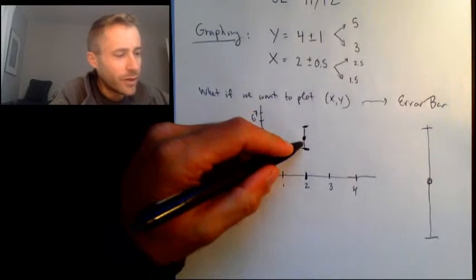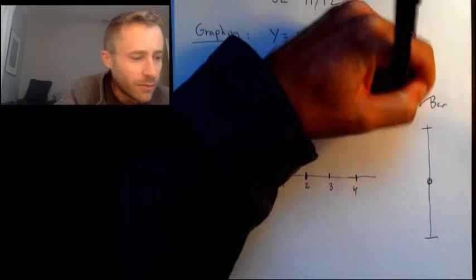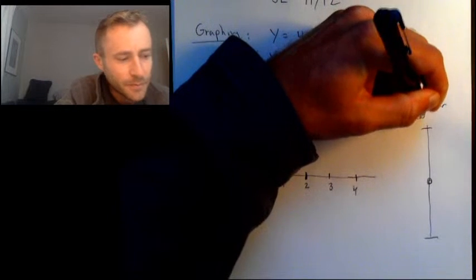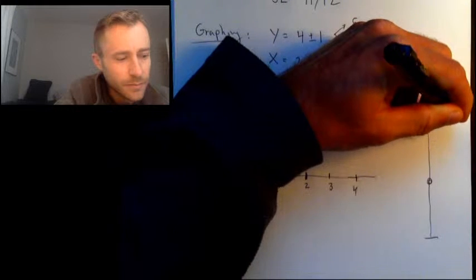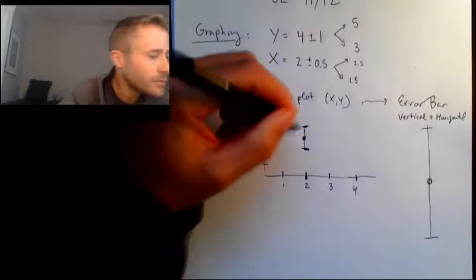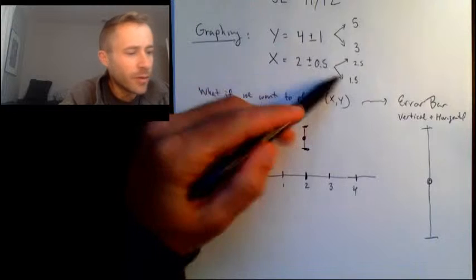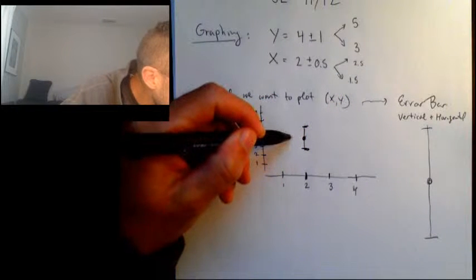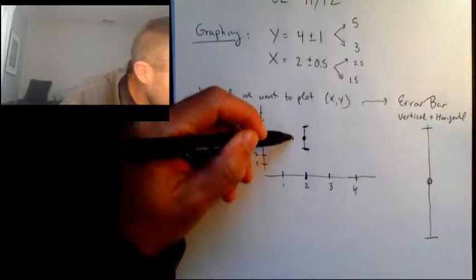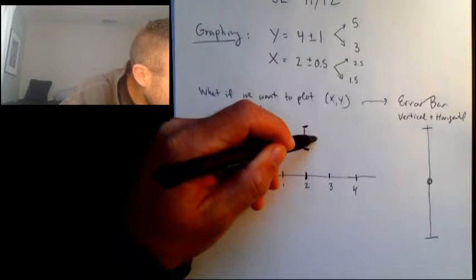You can have vertical error bars, and you can have horizontal error bars. The horizontal error bar goes from 1.5 to 2.5, so it goes from here to here.